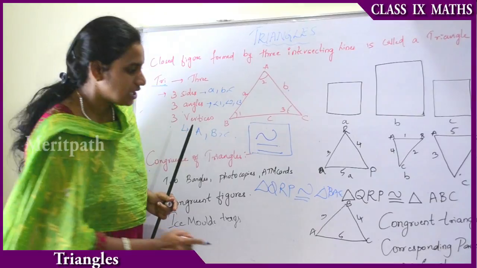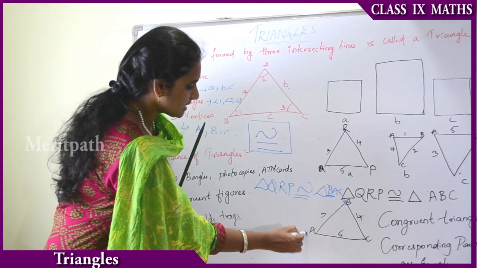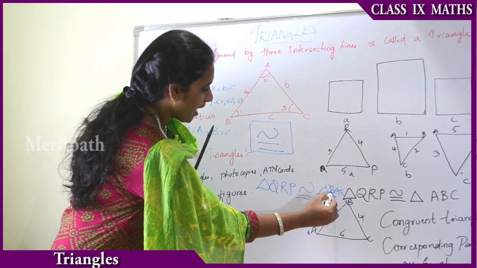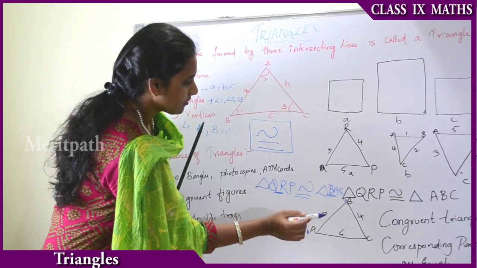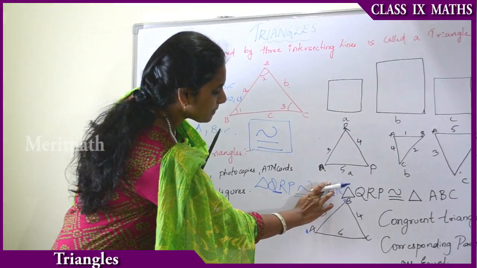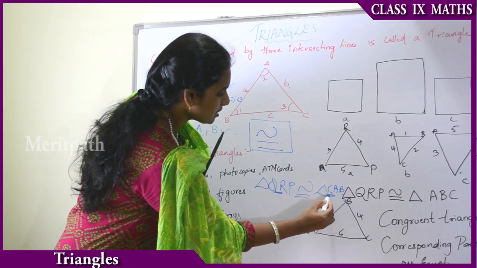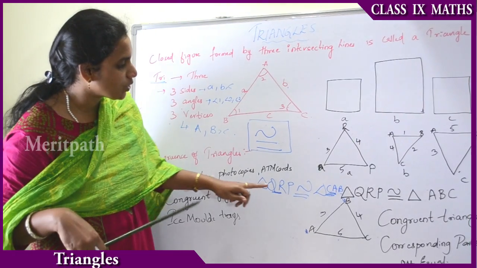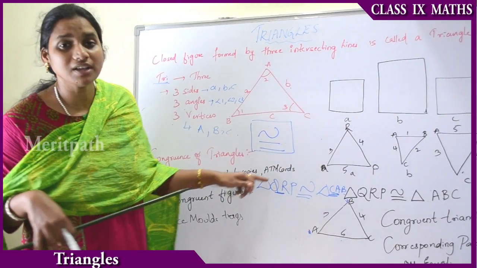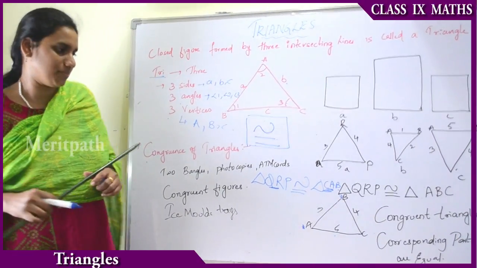It is wrong because the side BA is 3 centimeters and we cannot represent this as CAB because the side CA is 5 centimeters, right? And the side QR is 3 centimeters, because these two sides are different. So we cannot represent them in such a form.